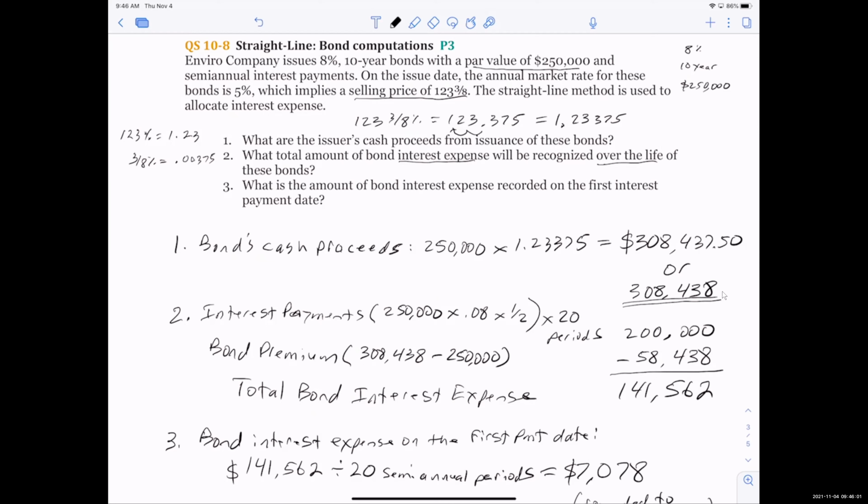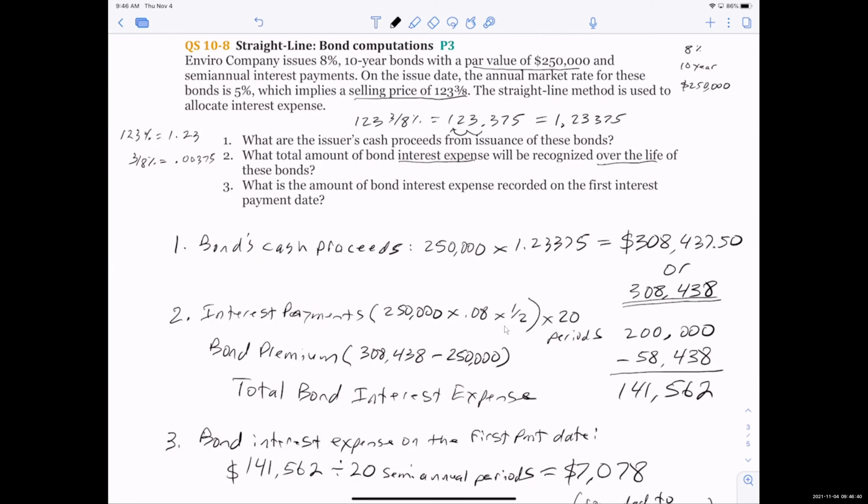Okay, now let's figure out our total bond interest expense. Well, again, what are the interest payments? It's going to be based on 250,000 times 8%, because it's 8% bonds, and it's going to be for half of a year. So principal times rate times time. The principal is the par value, 250,000 times 0.08, for half of a year.